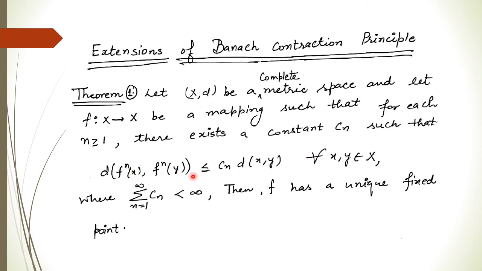If your mapping is a contraction and the space is complete, then by Banach contraction principle, fⁿ has a unique fixed point. So that implies f has a unique fixed point, since it is true for each n, that's why this will hold.